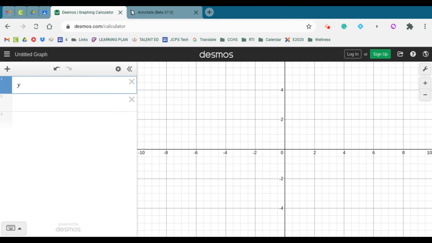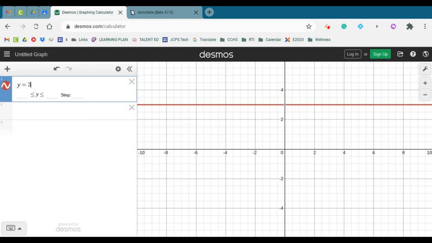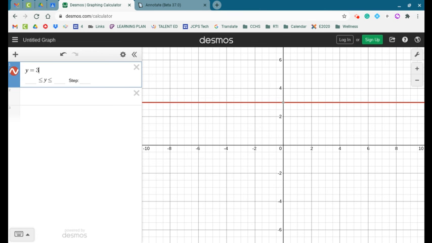I'm just going to type in y equals 3, and I'm going to have to find my little caret symbol. Okay, well, it's not going to show me my caret symbol on my keyboard.